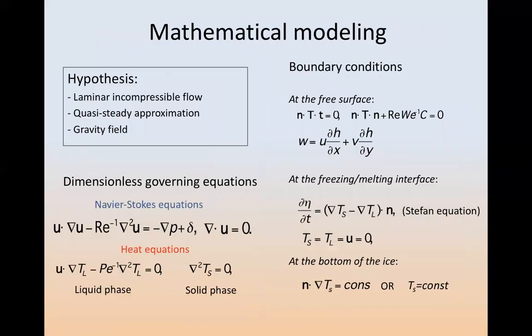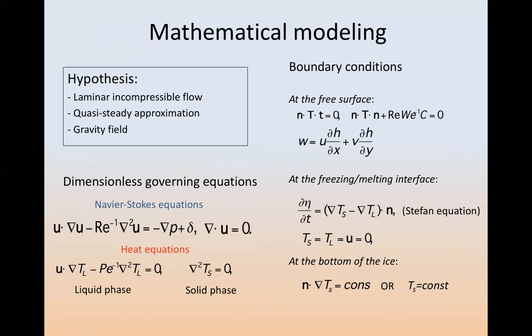And the mathematical framework is, under the hypothesis of laminar incompressible flow, quasi-steady approximation, gravity field, starting from Navier-Stokes equations and adding the heat equation for the liquid phase and for the solid phase. You see diffusion advection equation under the quasi-steady approximation.